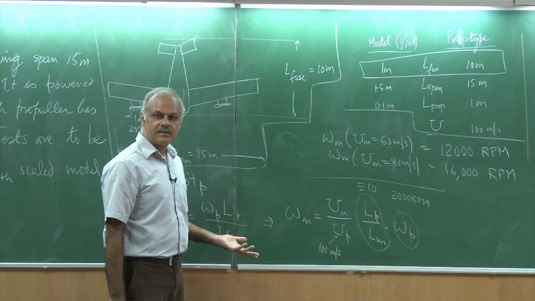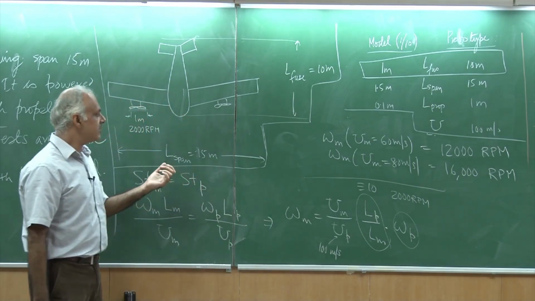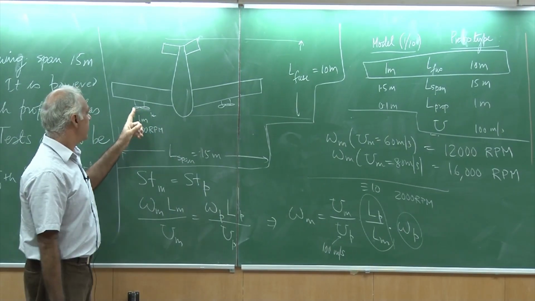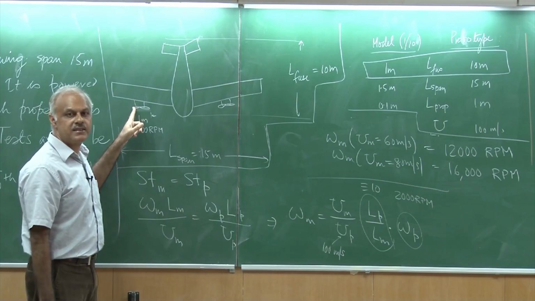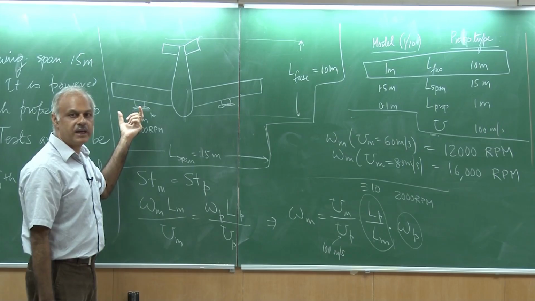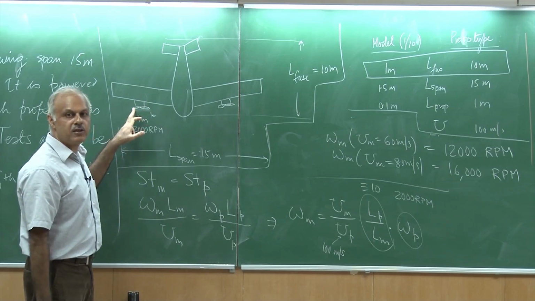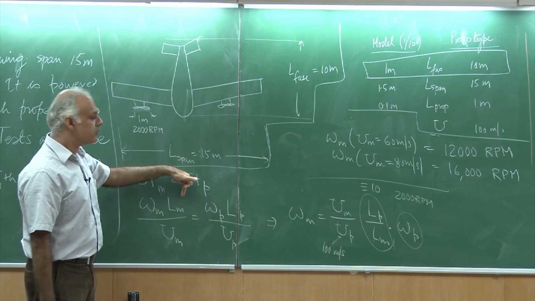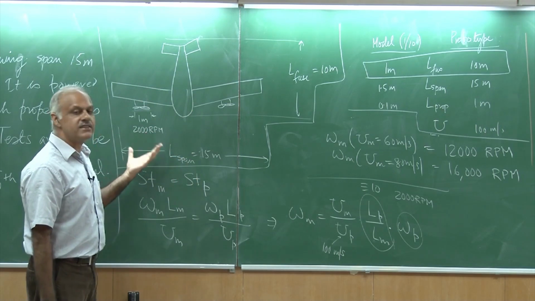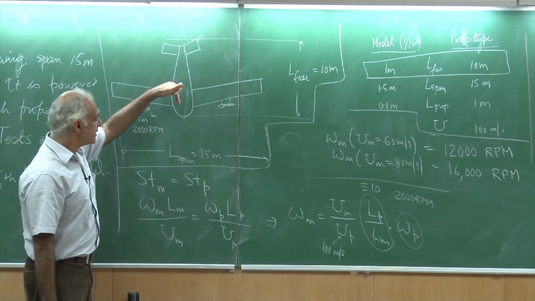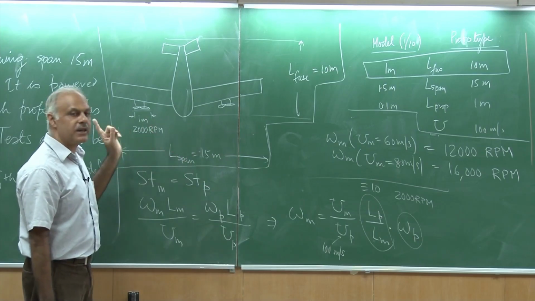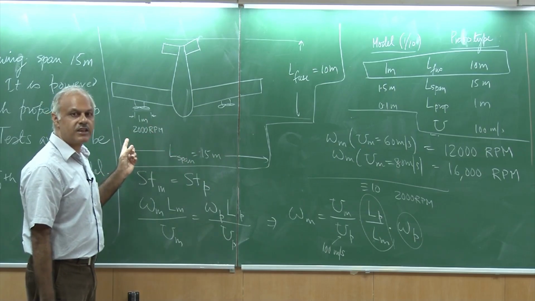Why is that happening? You can understand that physically from the fact that when the propeller is spinning, it has a certain tip speed. The tip speed is the angular speed times the radius, omega r. So that is the tip speed of the propeller, but my aircraft is moving forward with a certain linear speed. So there is something called an advance ratio. How much does the aircraft move forward by the time this propeller goes through one cycle of rotation?